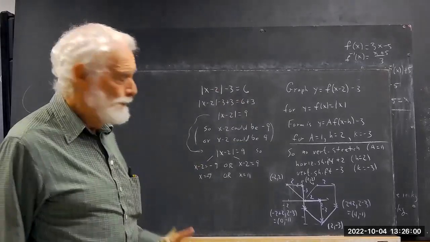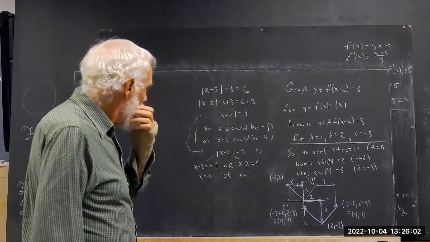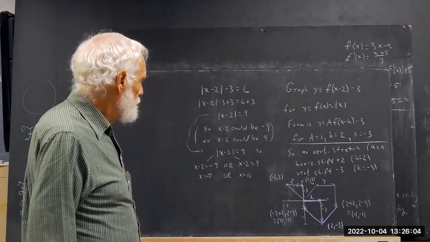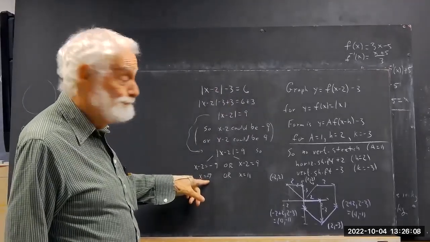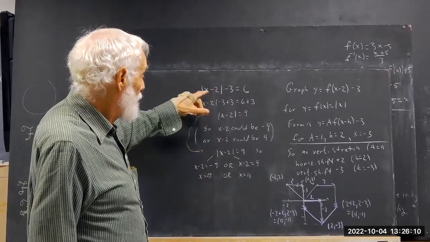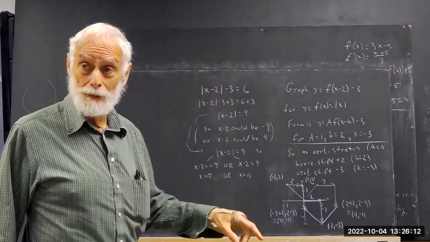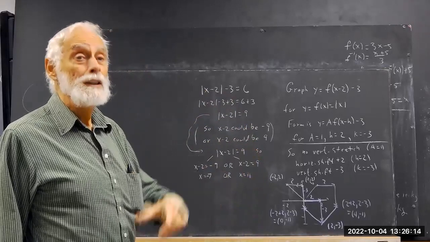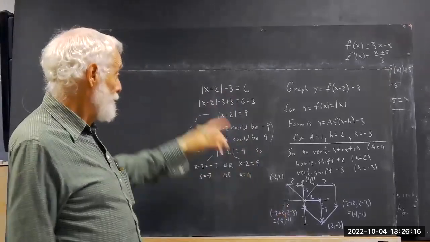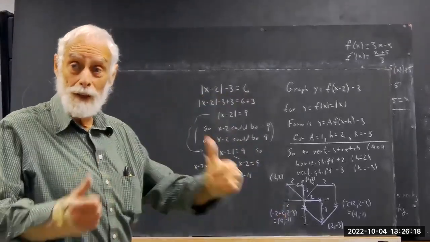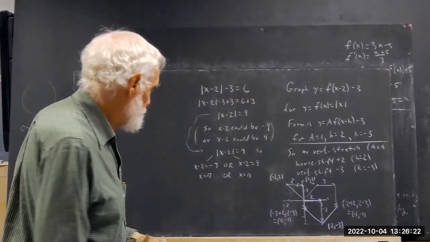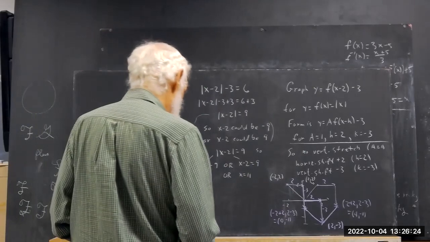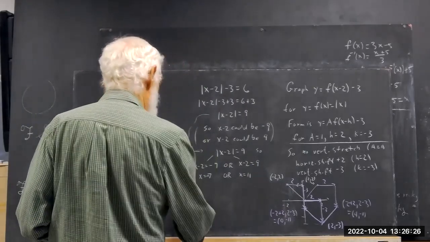Okay. So if we correct that and make it -7, what's the absolute value of -7 minus 2? It's 9. 9 minus 3 is equal to 6. Yeah, that works. Okay. So let's just write out the check.